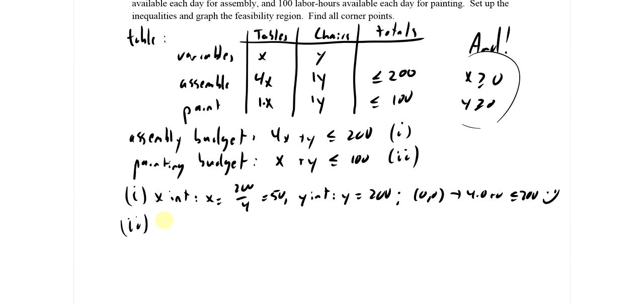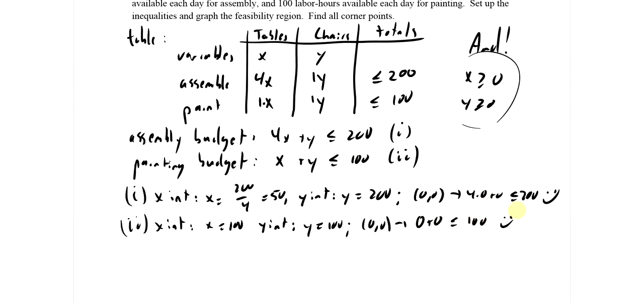Painting budget, what's my x-intercept? Well, x equals 100. That's easy to do. My y-intercept is also y equals 100, because if you set x equal to 0 and solve for y, you get y equals 100. And my test point 0, 0. If I plug 0, 0 into this, I get 0 plus 0, and that is, in fact, less than 100. Great. So we want the side that 0, 0 is on for both of them.